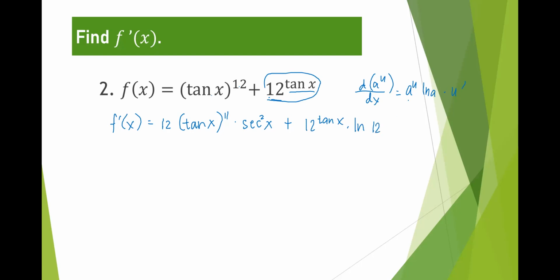Following the formula, these are the formulas we have satisfied. Then, the third factor, the derivative of tan x is secant squared x. Again, we can simplify this by writing the secant squared outside of our expression. Factoring it out, we have 12 tan x to the 11.